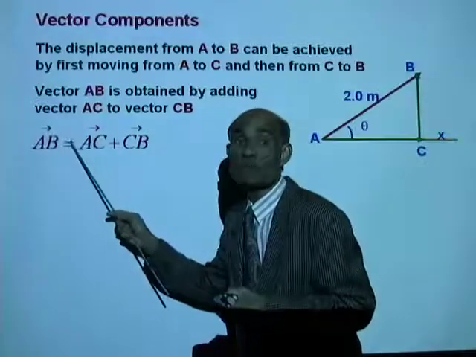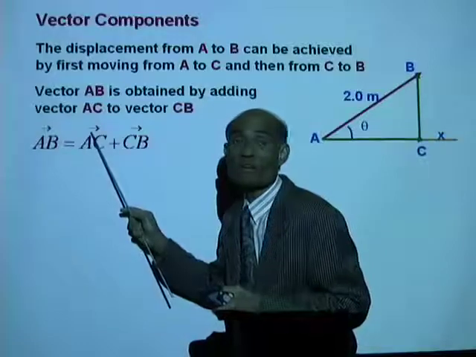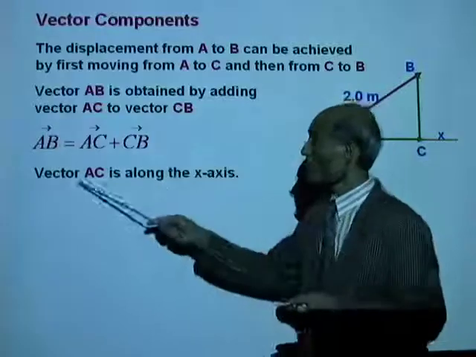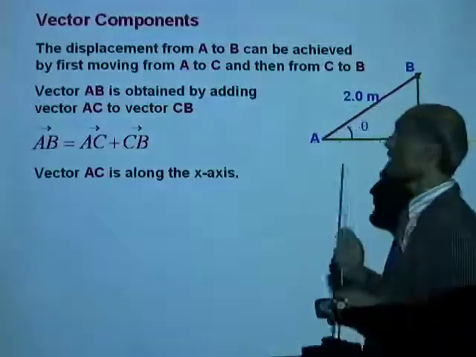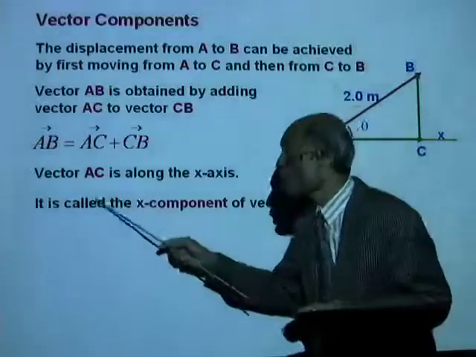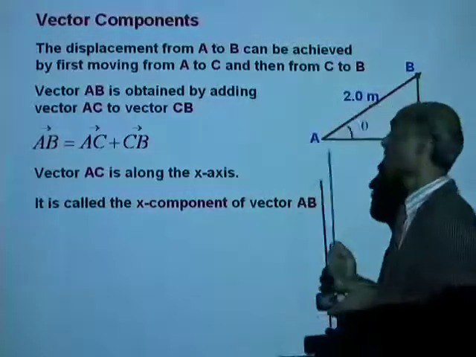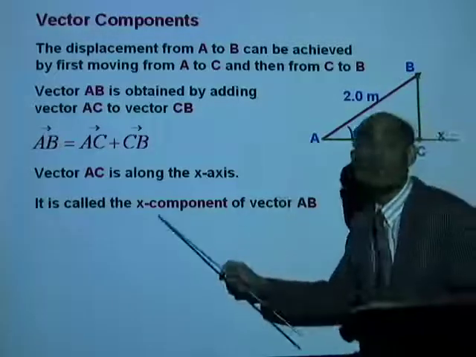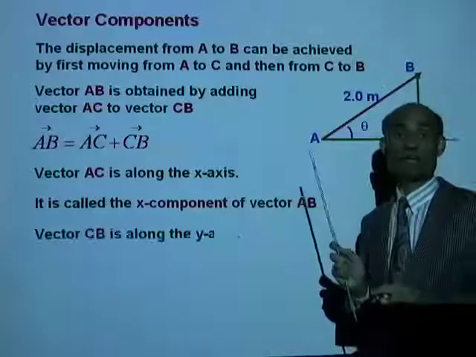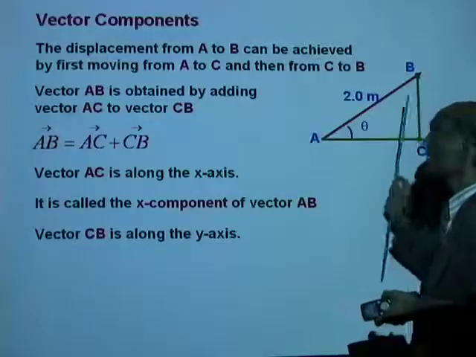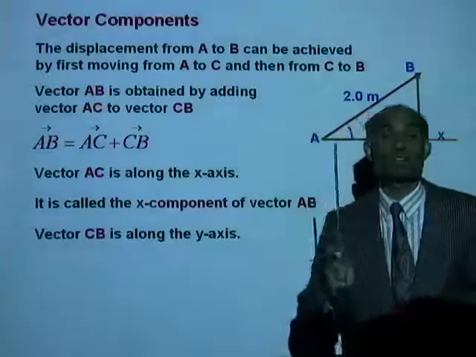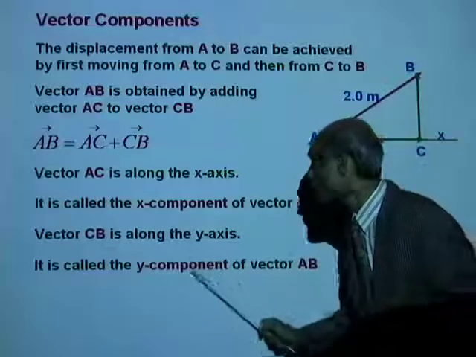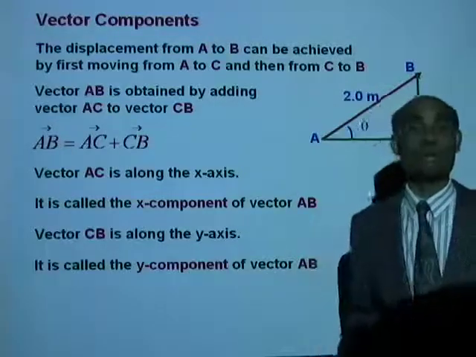Vector AB can be obtained by adding vector AC to vector CB. Vector AC is along the x-axis and it is called the x component of vector AB. So vector AC is the x component of vector AB. In a similar way, vector CB is along the y-axis and therefore vector CB is called the y component of vector AB.